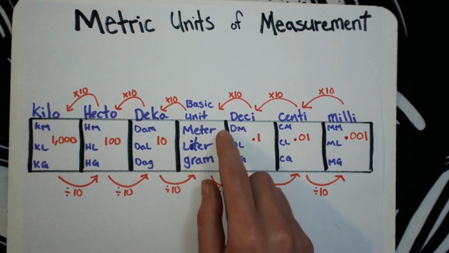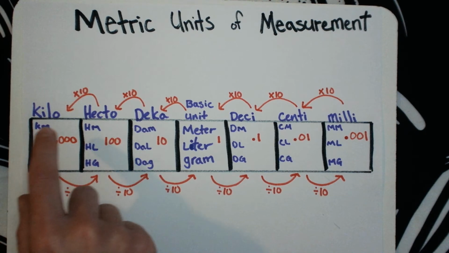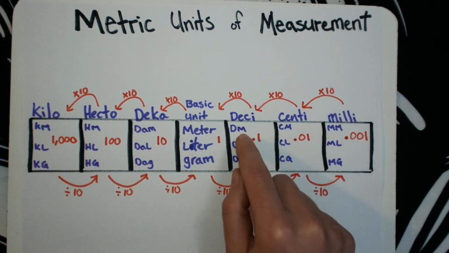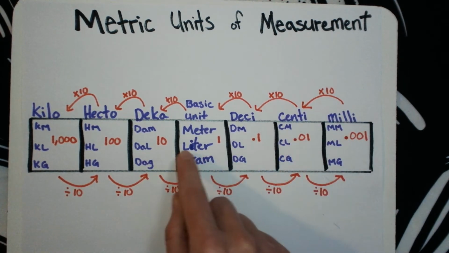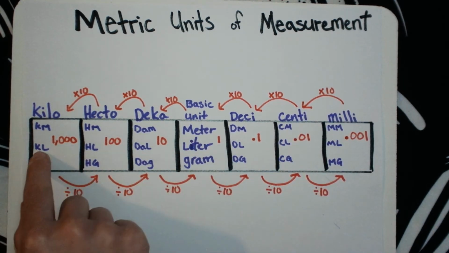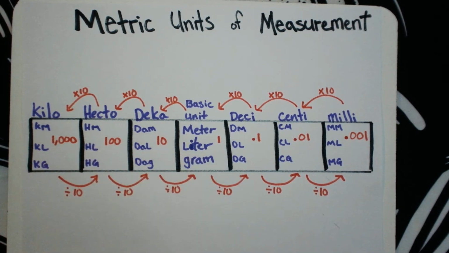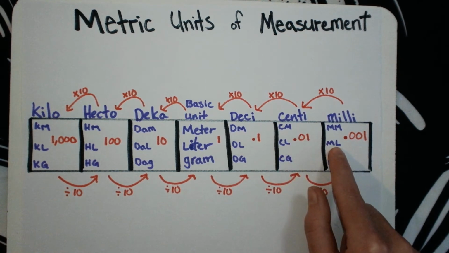So just like you have meter, liter, and gram, you can have your kilometer, hectometer, decameter, meter, decimeter, centimeter, and millimeter. We have our liters, kiloliter, hectoliter, decaliter, liter, deciliter, centiliter, milliliter.